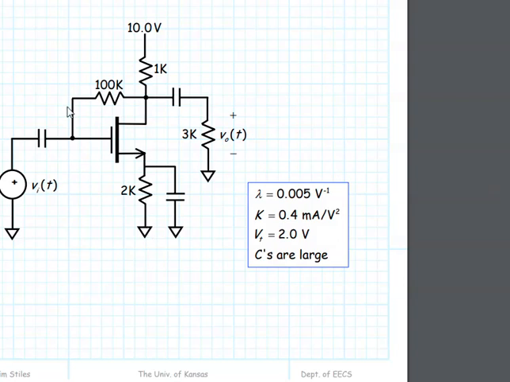And you remember I told you, since gate is not drawing any current, the current is not going to be divided between this 100 and the rest of the circuit. So whatever current is coming to this 1K resistor will go all simply to the drain of the MOSFET and will come down here to the source.